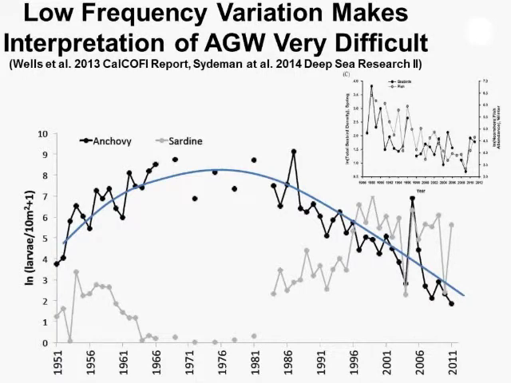Just a comment here back to low frequency variability, the PDO and things like it. It really is making things very difficult in terms of allowing us to be conclusive about what's going on in the system. This is really the big issue in my mind.